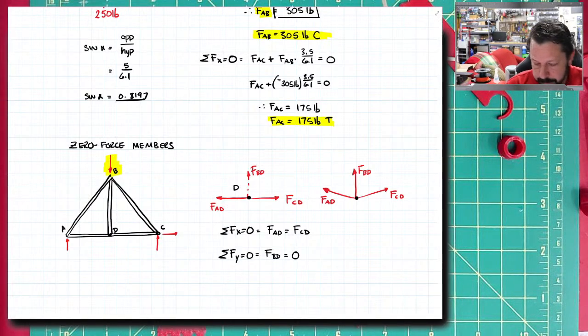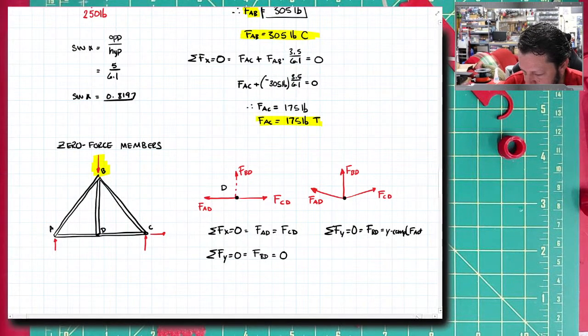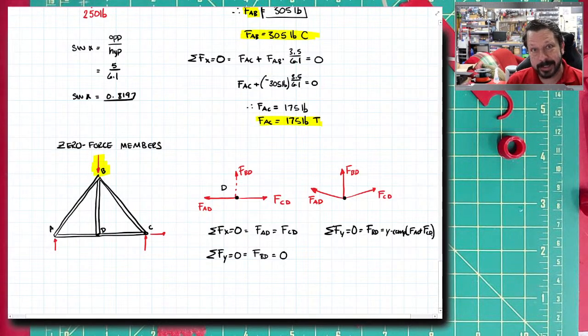As soon as AD and DC are non-collinear, BD has some amount of force it has to deal with. Summation of forces in the y direction equals 0 says that FBD is equal to the y components of AD plus CD. So it's not 0 anymore. It might be a small number, but it's not 0.